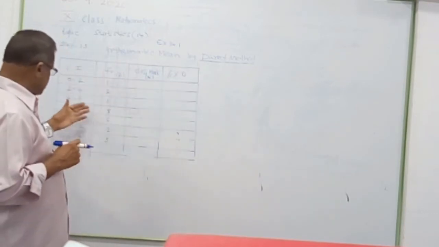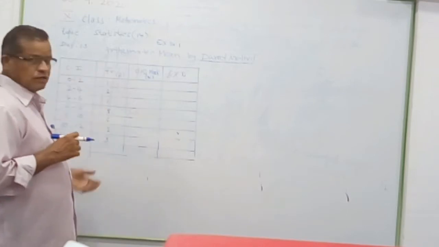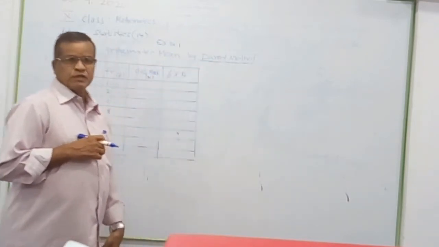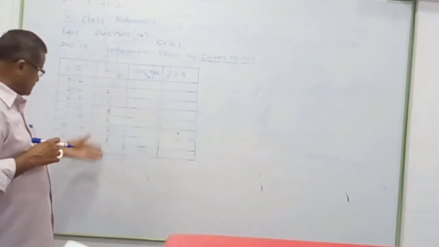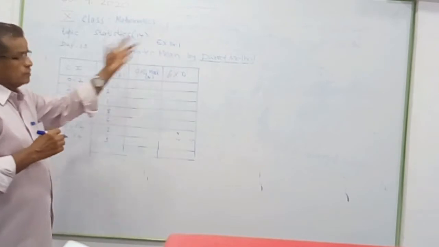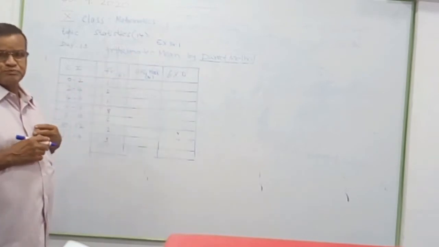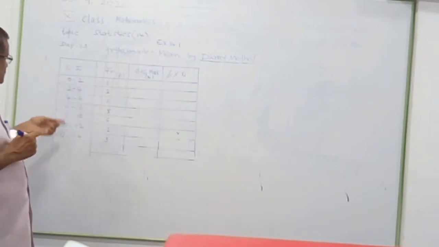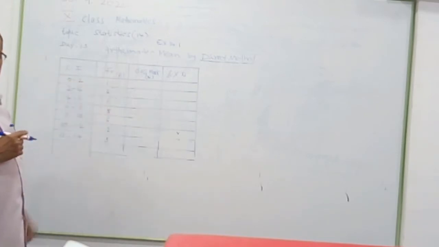Since the class intervals are very small, we can do the direct method. If the frequencies are in higher numbers, we can do the other method, step deviation method. Now see, note down this first column, second column, third column.